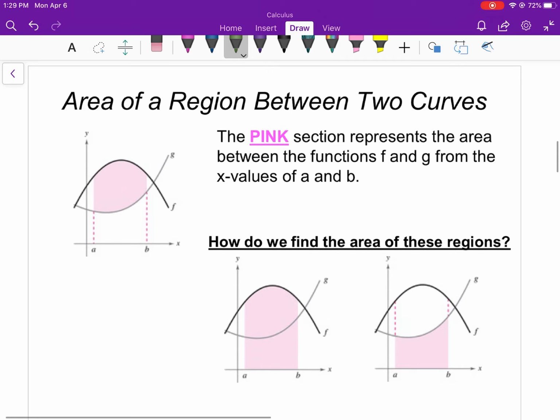In today's lesson, you're going to be finding the area between two curves.